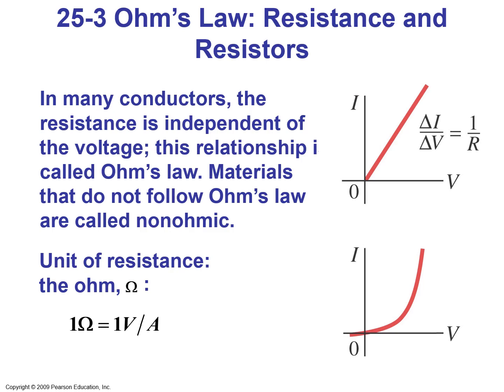On top, we see there is a linear relation between current and voltage, which is an ohmic material. And at the bottom, the relation between current I and voltage V is not linear, so it's not ohmic.